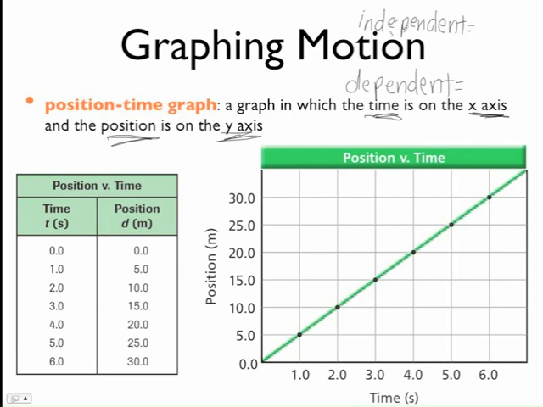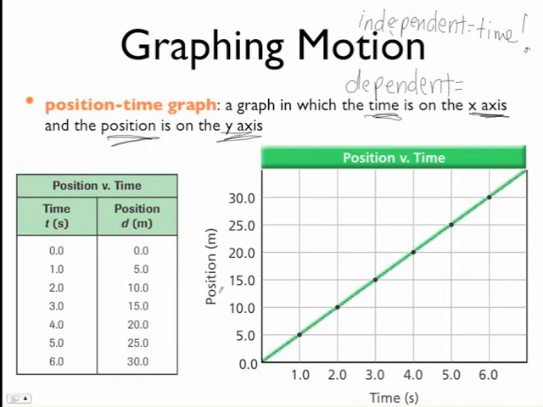We said the independent variable is always on the x-axis, and the dependent variable depends on the independent. So when you have time, it's really easy because time is always independent. Always, always, always. But you can think, does your position depend on the time, or does the time depend on the position?